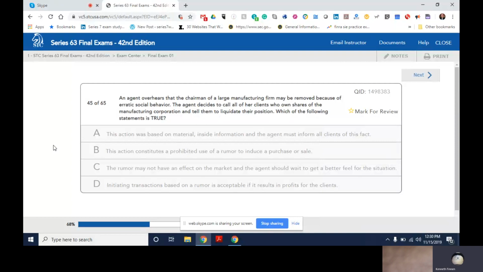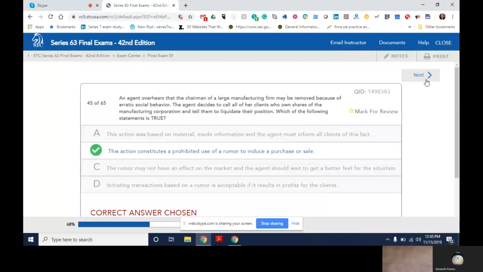Okay, maybe the rumor may not have an effect on the market, and you wait to get a better feel. No, that's not true. Initiating transactions based on a rumor is acceptable if it results in profits. That's not true. So the action is basically you're using a rumor to induce a sale, and it better be the answer. So A sounds good, but just because you tell them doesn't mean you can give them inside information.